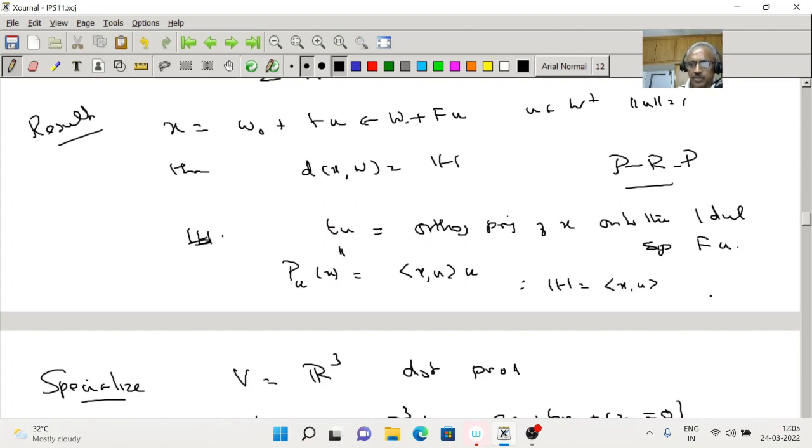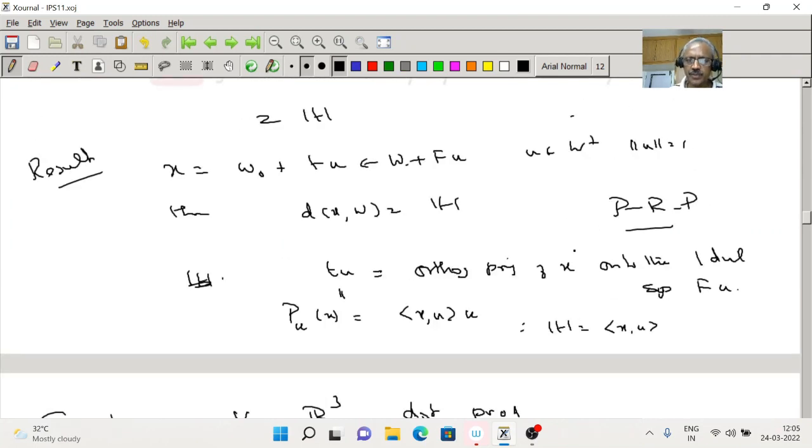So this also we found out. I should have mentioned that, I forgot. Do you understand this? So we know mod t, but do I know how to find mod t? That's a question I should have answered. This is the orthogonal projection of x onto this one-dimensional space, right or wrong?